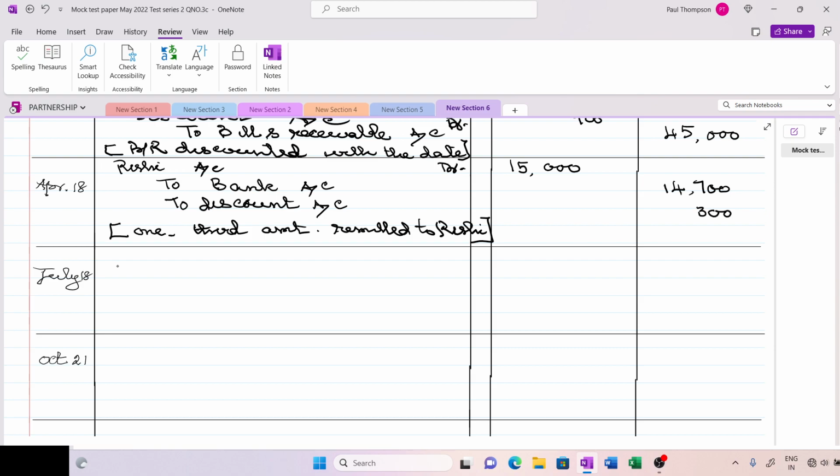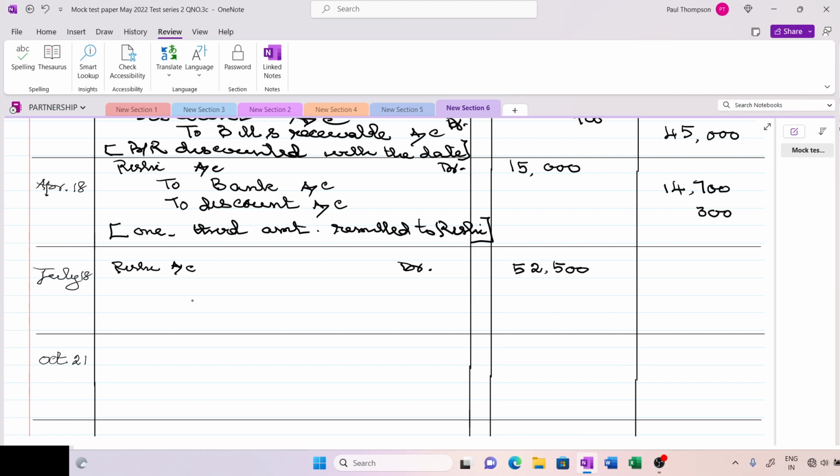Okay, so now we are going to debit Rishi account, debit 52,500, and for Ravi it is a bills payable.